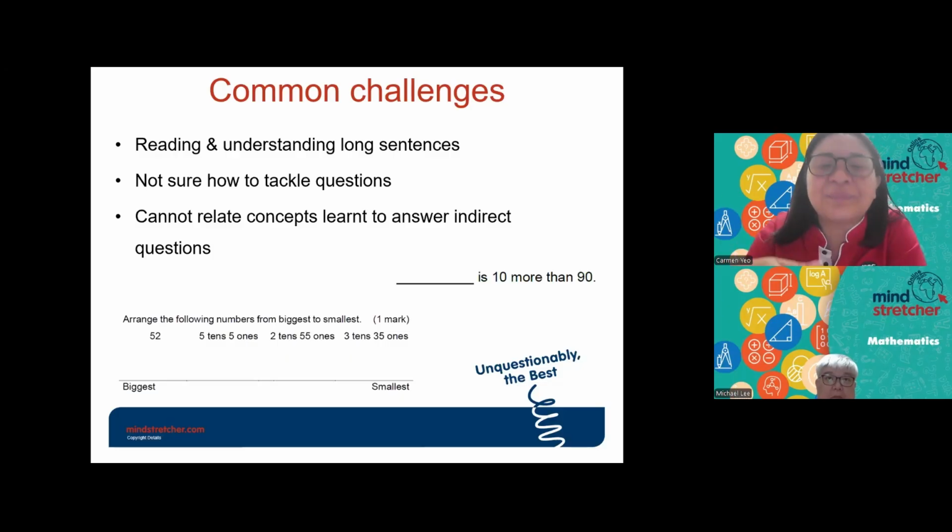So that's 3 lines. They are not sure how to tackle that. Suddenly there's a lot of words, a lot of information. So annotation is very important. Like I mentioned, highlighting, and drawing some models to help them translate the information from the question into a picture. When it's pictorial, they can understand the diagram.